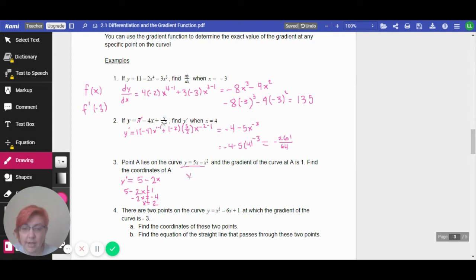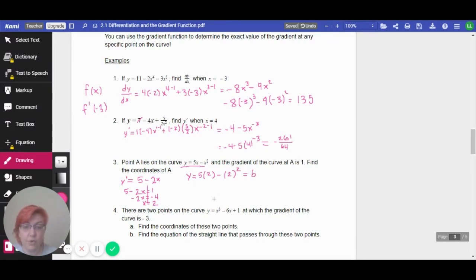So now I'm going to come back to my original curve and say that y equals 5 times 2 minus 2 squared, because I'm evaluating the curve when x is equal to 2. 5 times 2 minus 2 squared is equal to 6.